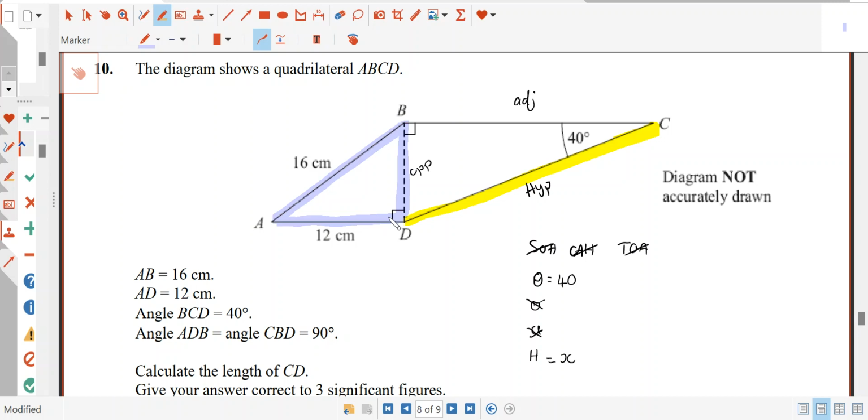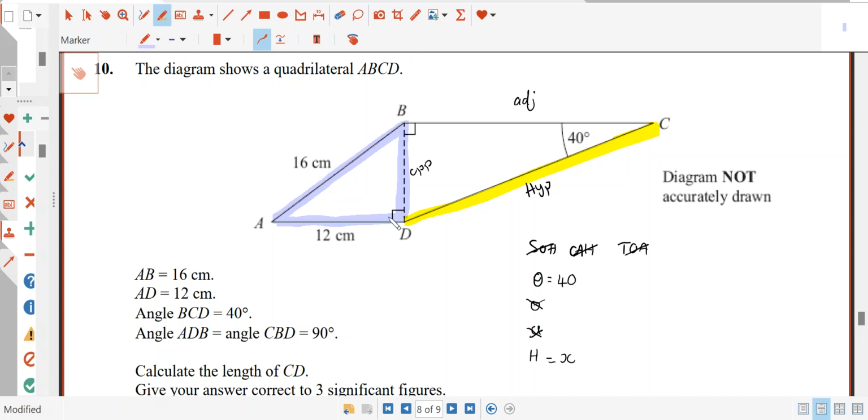Alright? Now, what do you notice about the purple triangle? Is it trigonometry? Look back at the front page where we did trigonometry. What did we write down that we need when we do trigonometry?